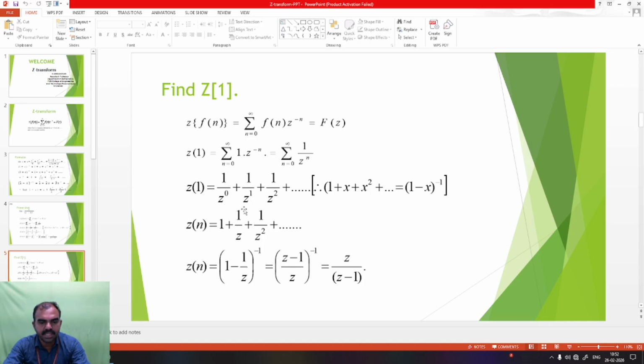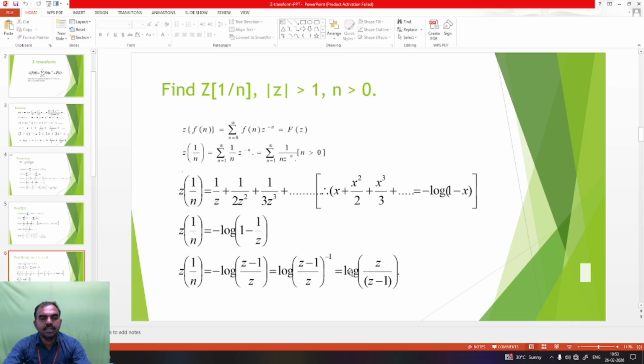So here what is the x value? 1 by z. So 1 minus 1 by z the whole power minus 1. So take the LCM, multiply z in here: z minus 1 by z power minus 1. So take the reciprocal of this one, z by z minus 1. So what is z of 1? z by z minus 1.